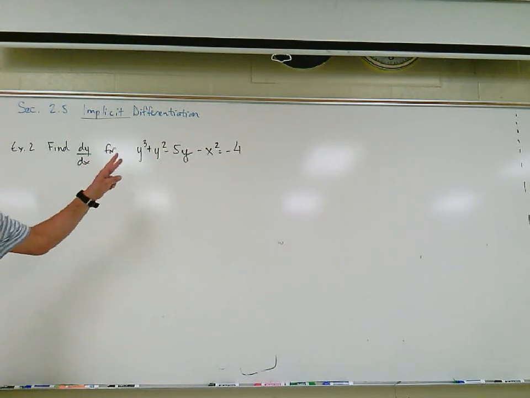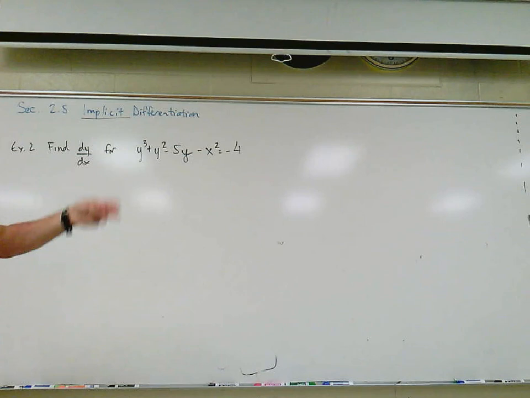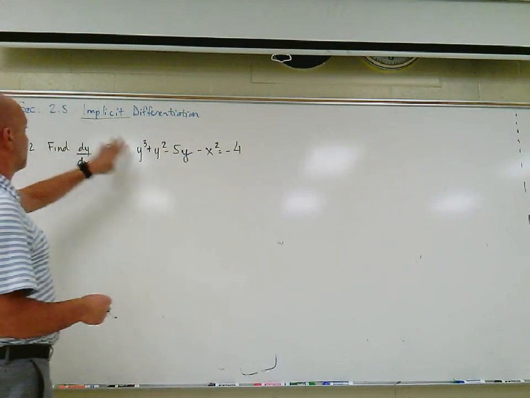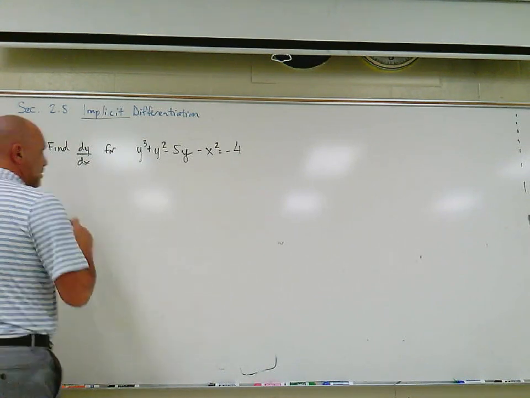Notice here, there would be no way to get a y by itself because you have three y's. You have a y cubed, a y squared, and a y. So y is definitely expressed implicitly.